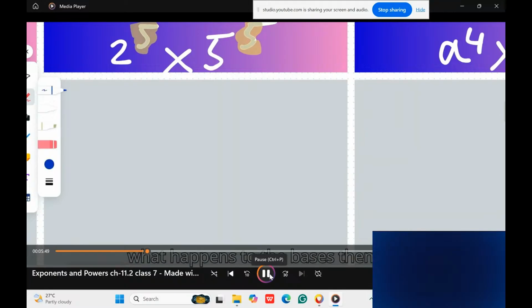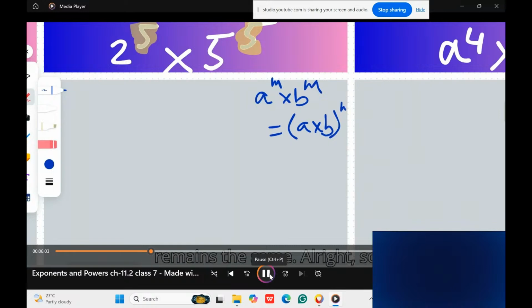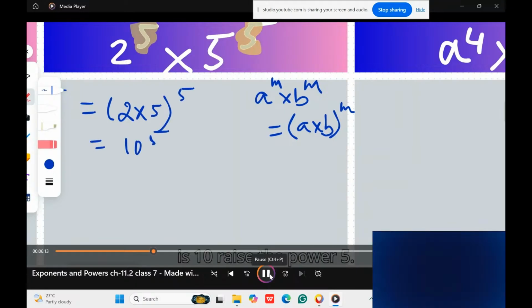So what happens to the bases then? Suppose you have a raised to the power m times b raised to the power m, so you multiply the bases and the power remains the same. So this will become 2 times 5 raised to the power 5. So it is 10 raised to the power 5. Okay, so this is the answer.